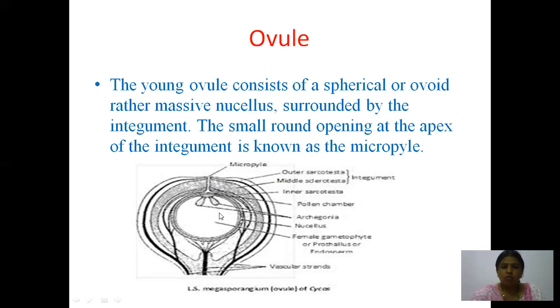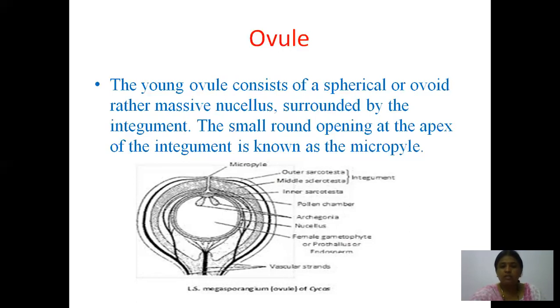It is formed as a result of continuous nuclear division in this region of the nucellus. One of the megaspores divides, and the nuclei multiply. In some species it will be 100, and then wall formation takes place.